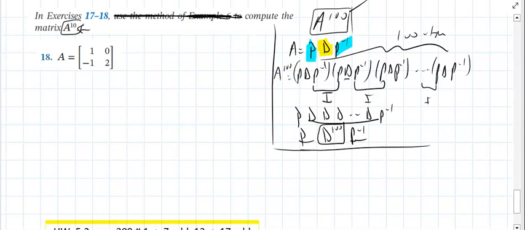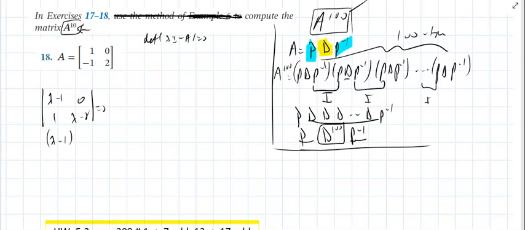So, what is the determinant of lambda I minus A equal 0? That is lambda minus 1, 0, 1, lambda minus 2 equals 0. So that's lambda minus 1 times lambda minus 2 equals 0. Lambda equal 1 and 2. I already got the diagonal matrix.